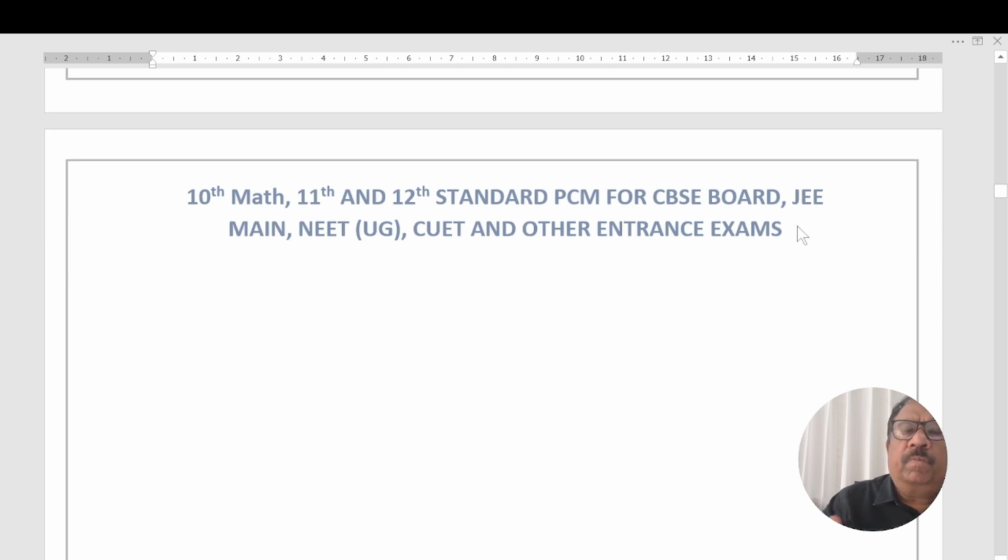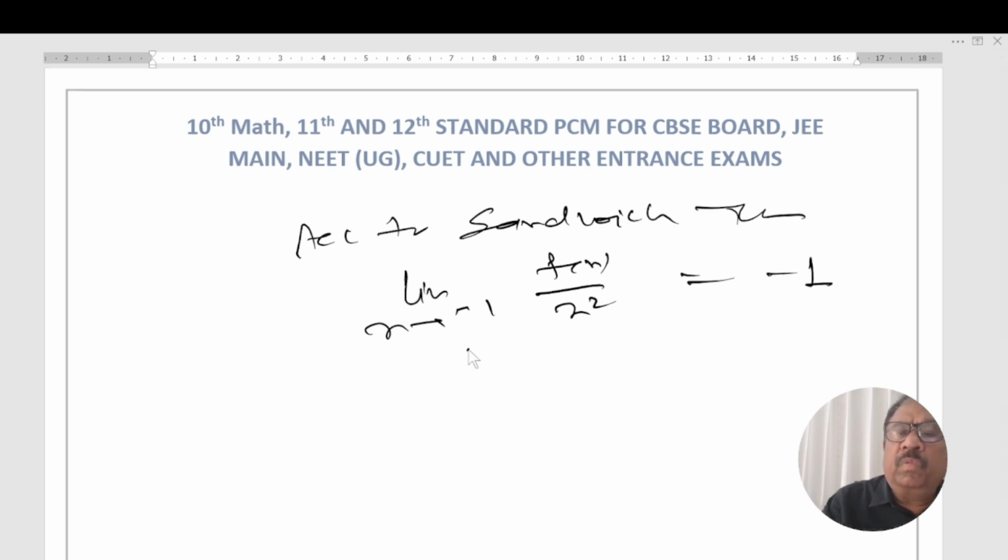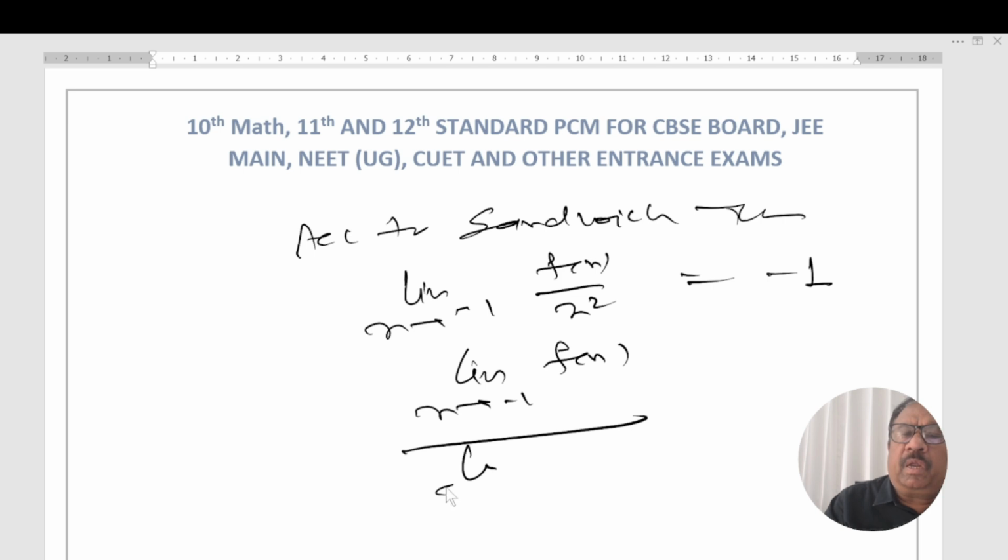Now according to the sandwich theorem, limit x tends to minus 1, f(x) upon x square will be equal to minus 1. So therefore, limit x tends to minus 1 of f(x) upon limit x tends to minus 1 of x square equals minus 1.